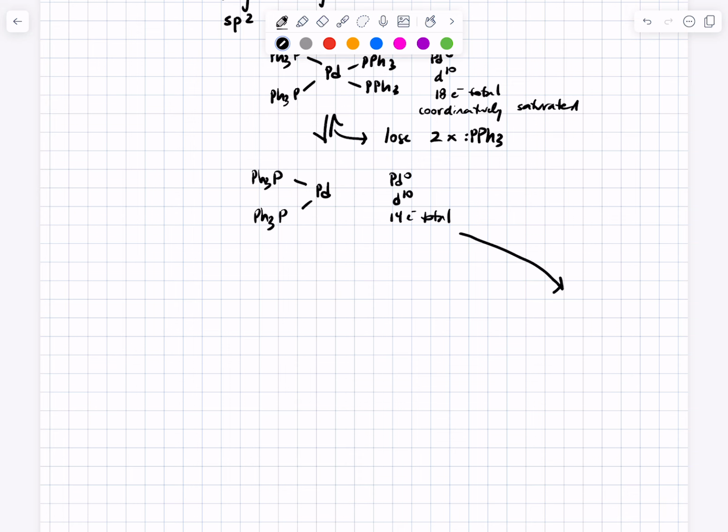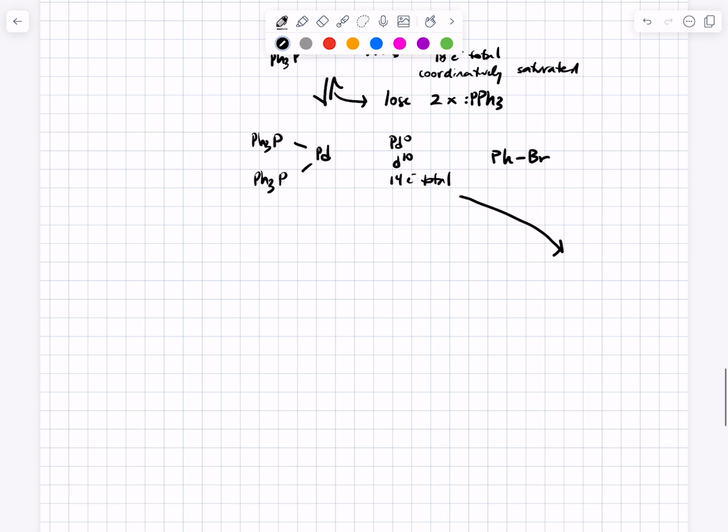Enter our starting material, the aryl halide. And that adds to the metal to form the following complex.